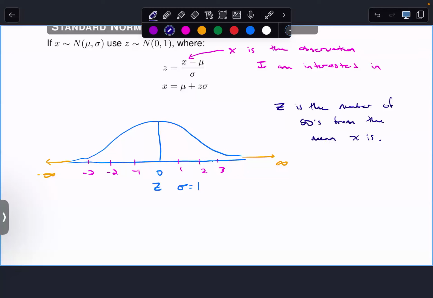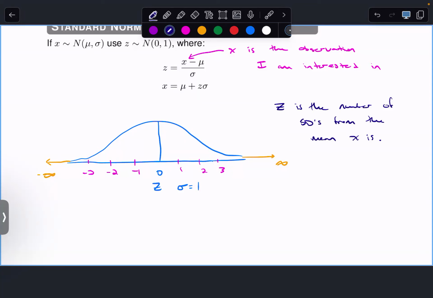Z is negative if it's below the mean and positive if it's above the mean. It's the number of standard deviations your observation of interest is away from the mean.